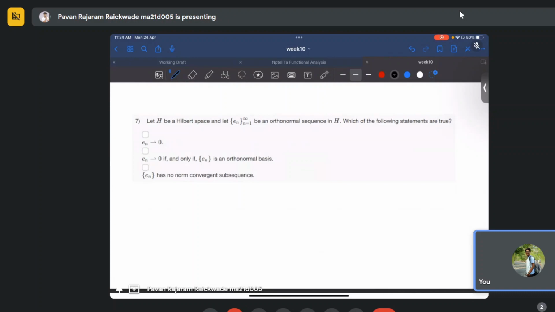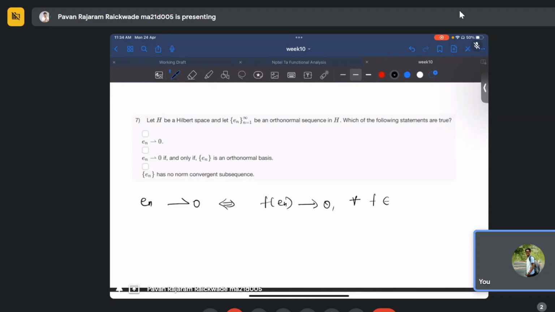En converges weakly to 0. Okay, let's see. What do we mean by weak convergence? En converges to 0 weakly if and only if f at En converges to 0 for all f belonging to H star.